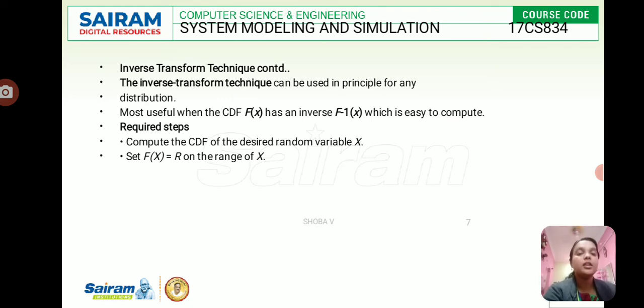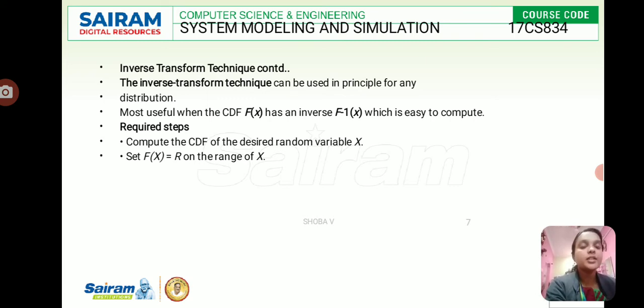Now we will see the continuation of this. This can be used in principle for any distribution, like exponential, Weibull, triangular, and many others. It is most useful when the CDF has an inverse which is easy to compute.